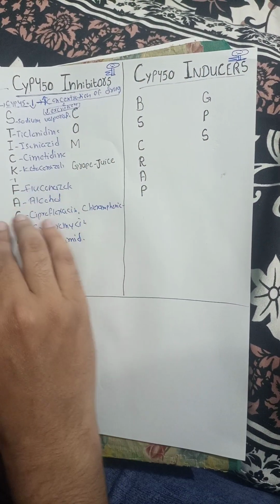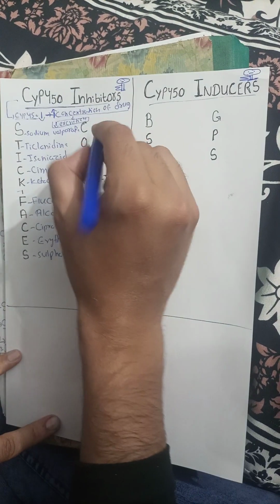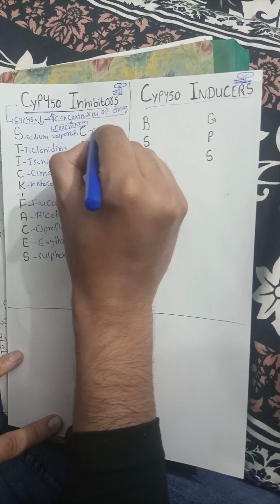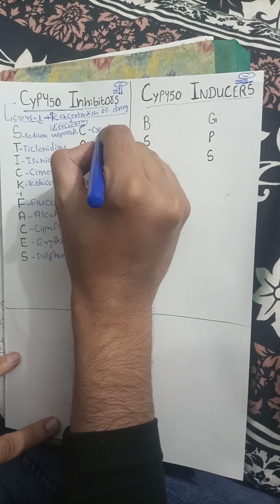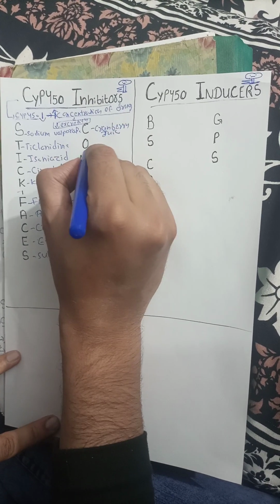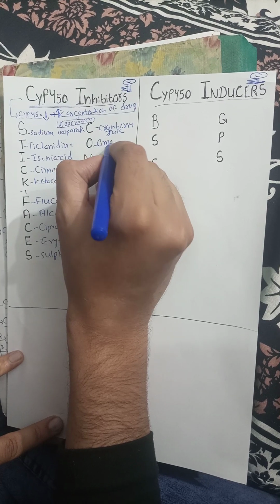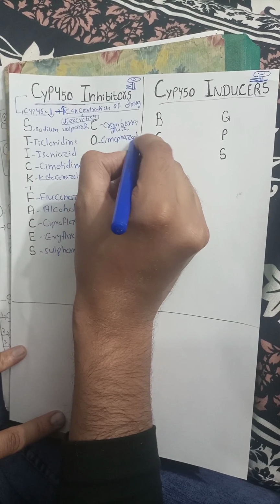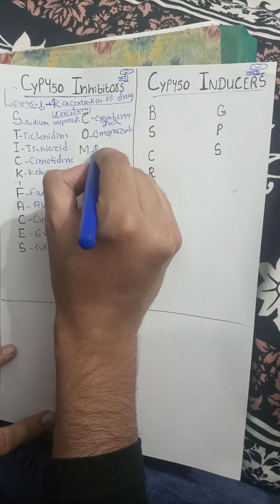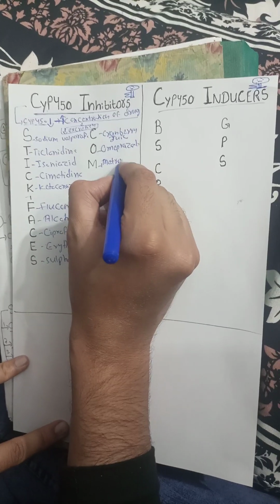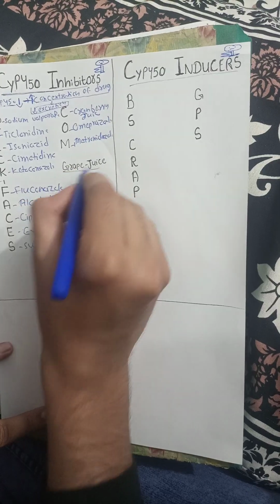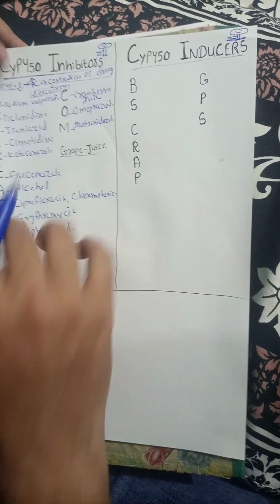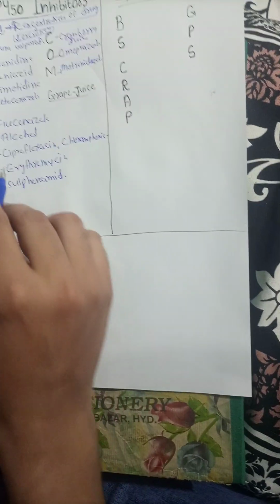So these are STICK FACES. COMB means cranberry juice, O is omeprazole, and M is metronidazole. And then grape juice. These are the drugs which inhibit CYP450.